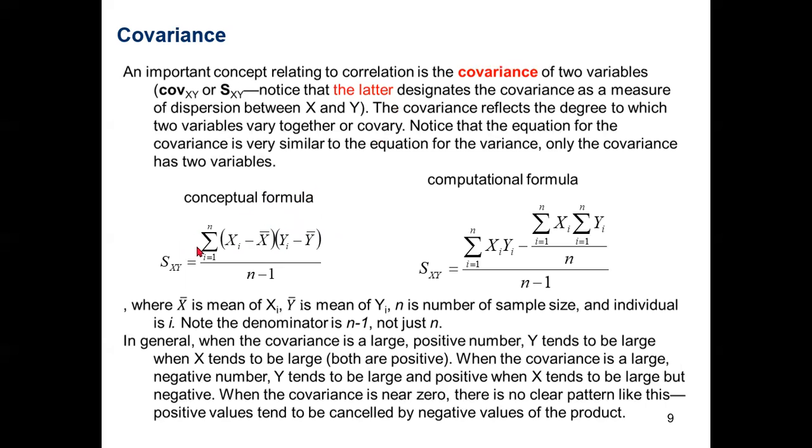Then sum them up, and divide by n minus 1, the degree of freedom, not just n. Sample statistics use the degree of freedom n minus 1, not n. I'm going to talk later about why we have to use n minus 1, not n.